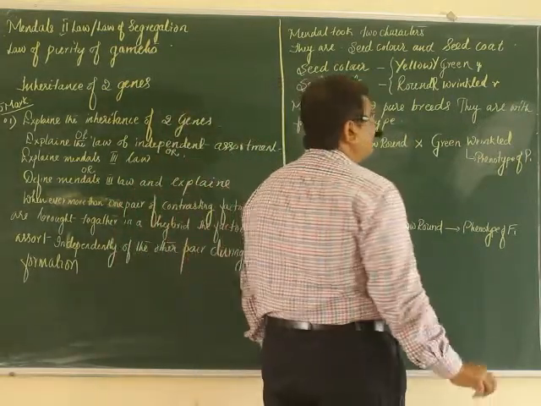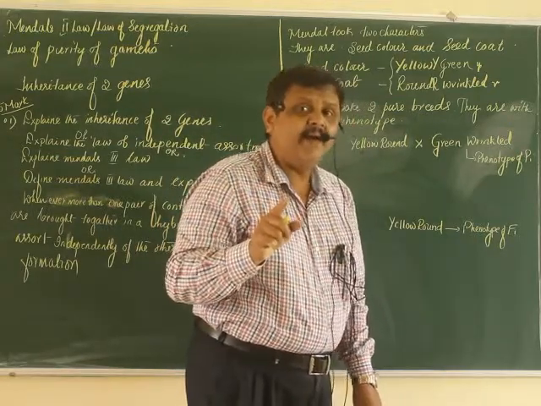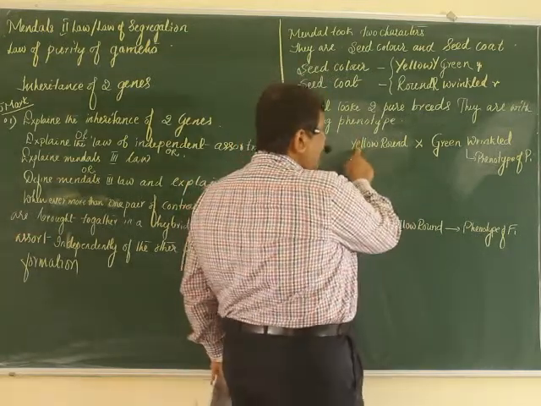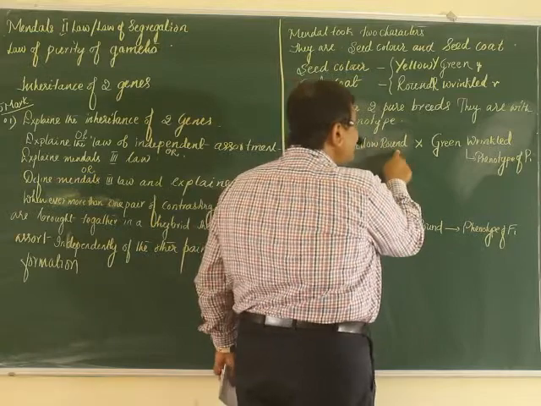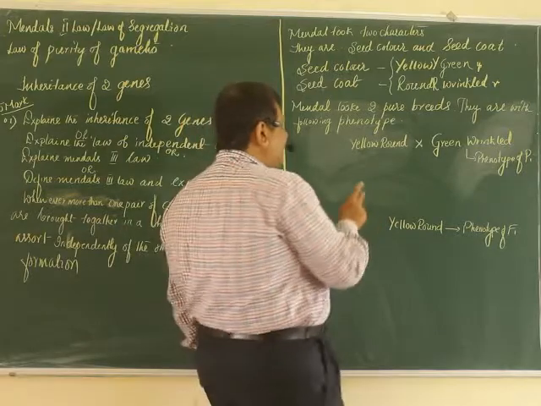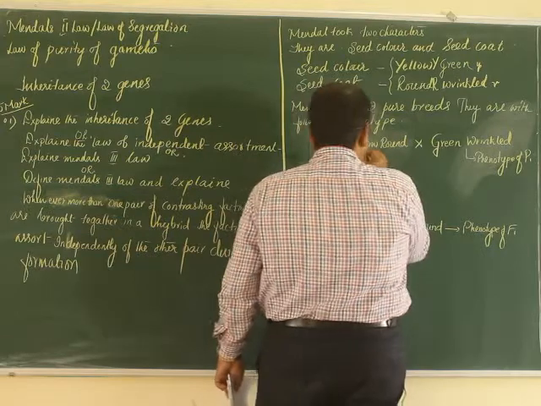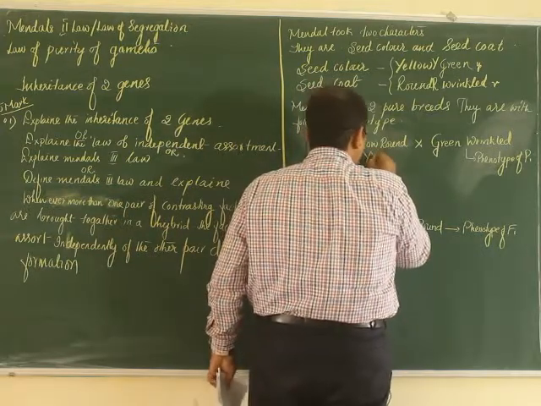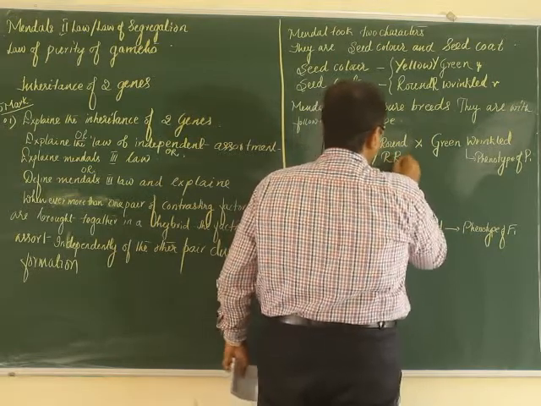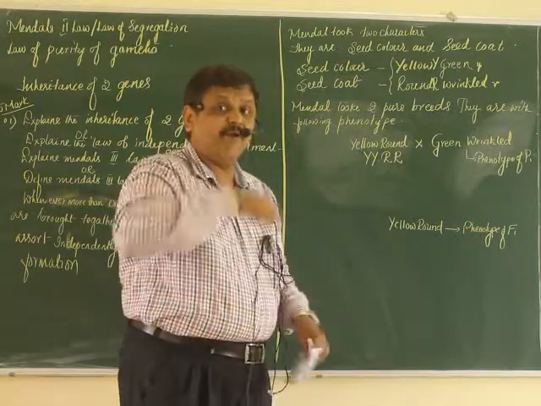So, for every character, remember, how many alleles will be there? Every character is represented by 2 alleles. How many characters are here? Seed color and seed coat. So for every character there must be 2 alleles, so there should be 4 alleles. Capital Y, capital Y, and capital R, capital R. Why did I write it this way? You may have some doubt. We can write YR, no?